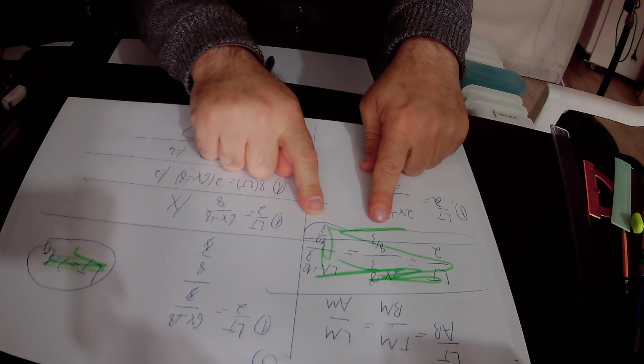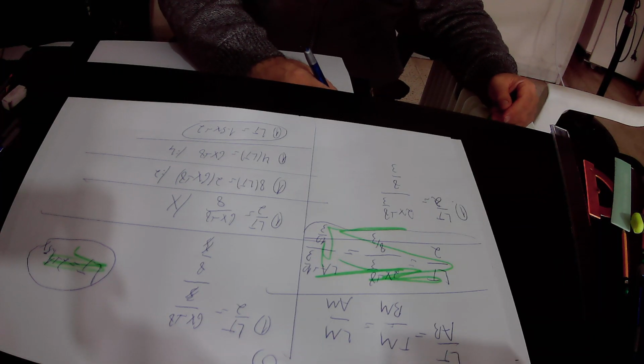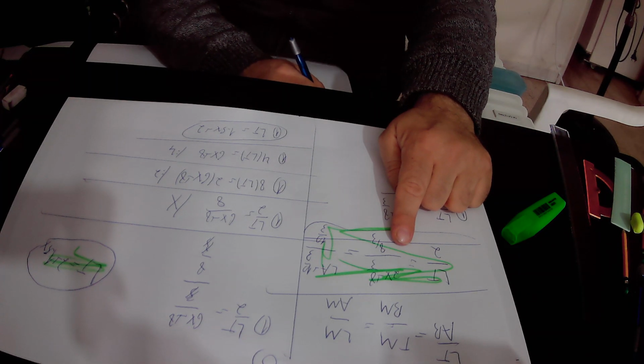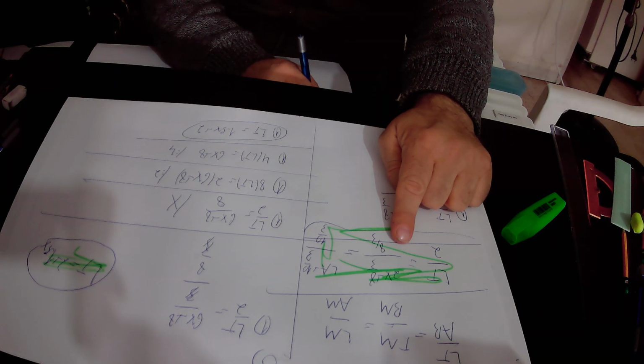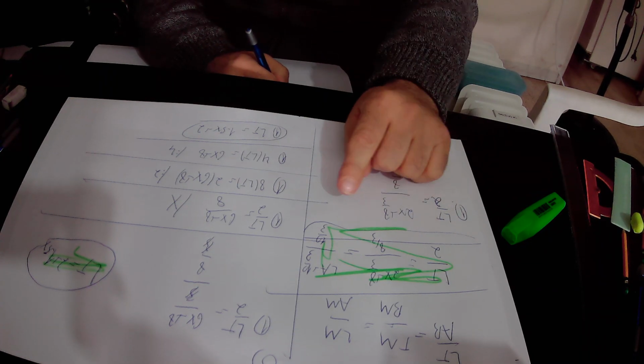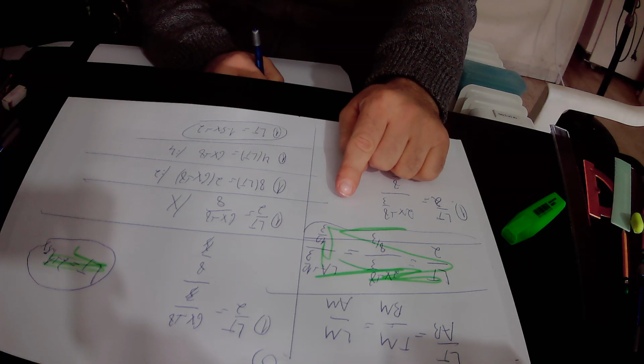So according to equation 2, we get that 2x plus 8 over 3, over 8 over 3, equals LA plus 10 over 3, over 10 over 3.